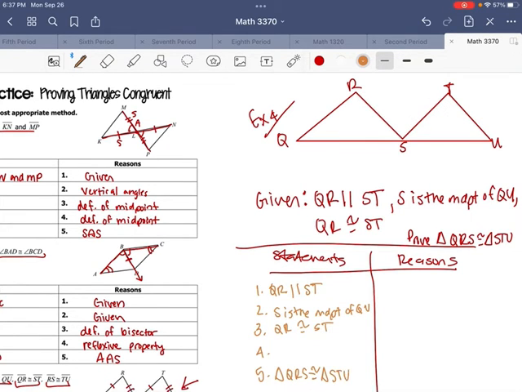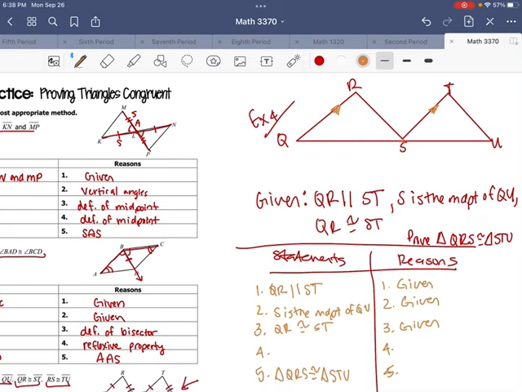All right. So 1, 2, 3, 4, 5. First three are given. And let's mark them. QR is parallel to ST. We'll come back to that. S is the midpoint of QU, which means this side is equal to this side.